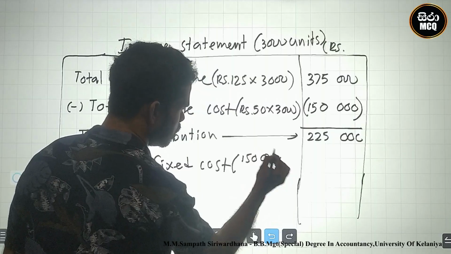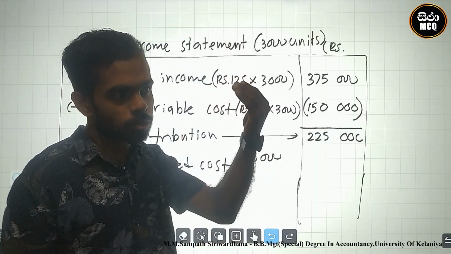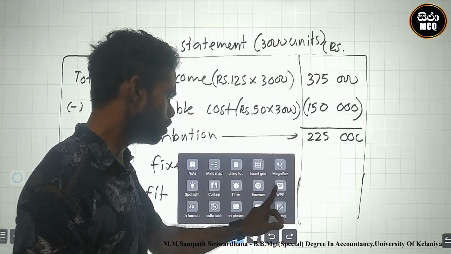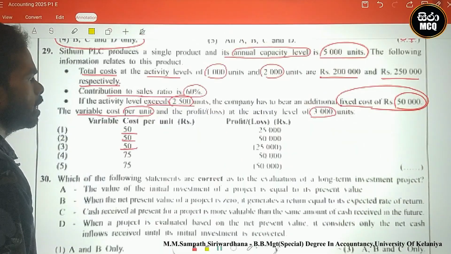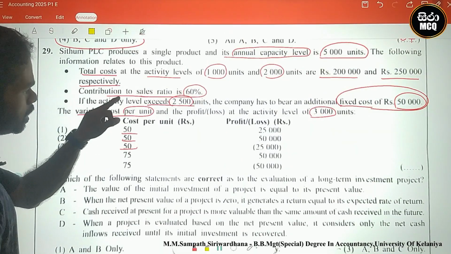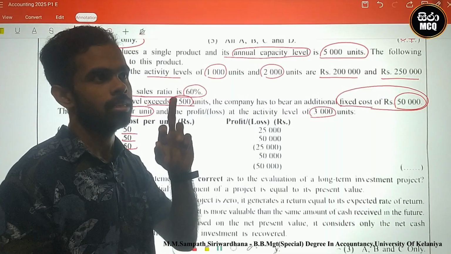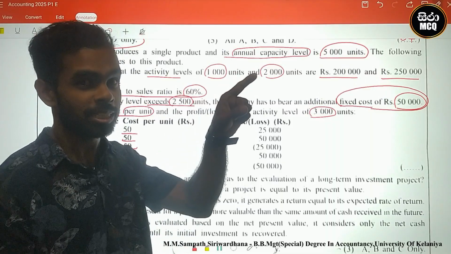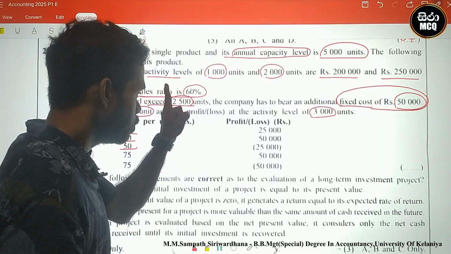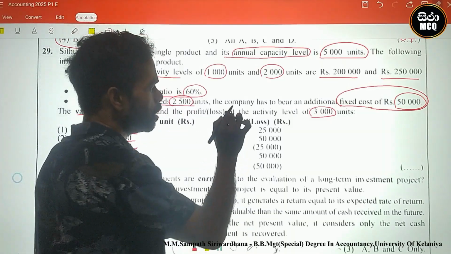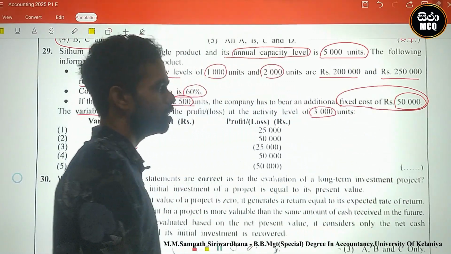You know there is information there: if the activity level exceeds 2,500 units, the company has to bear an additional fixed cost of 50,000.